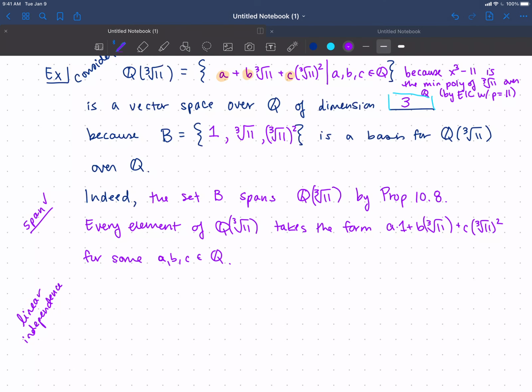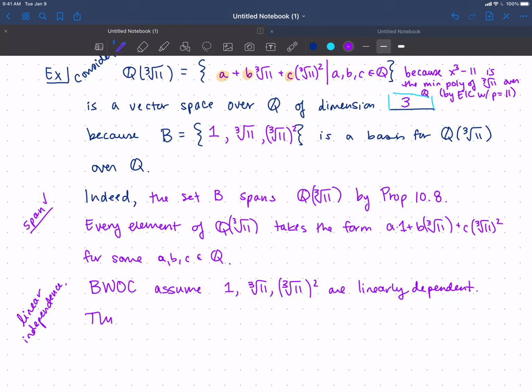And we're going to prove this by way of contradiction, invoking the contradiction chicken. We're going to assume that the vectors in B are linearly dependent. Assume 1, cube root of 11, cube root of 11 squared are linearly dependent.